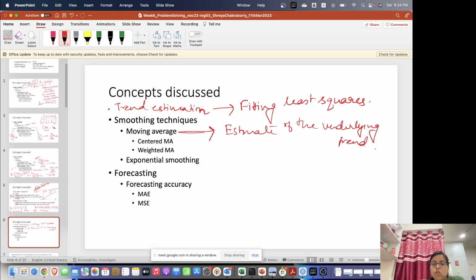Moving averages could be centered moving average or weighted moving average, where the y values are weighted with some w values and then the averages are taken.